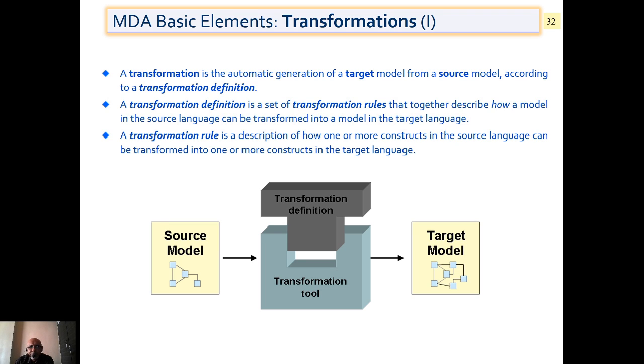So without meta model support, this is not possible. Without the transformation rules, it is not possible. So what is a transformation rule? It is a description of one or more constructs in the source language that can be transformed into one or more constructs, I am repeating again, one or more constructs in the target language.